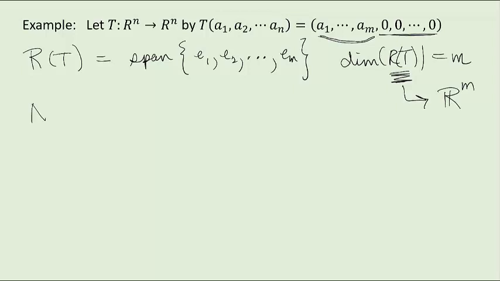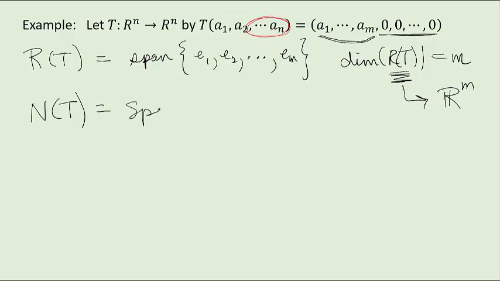Now, what is the null space? Notice it makes no difference what these last n minus m coefficients, or coordinates, are, because it's going to send them all to 0. So that tells us what the null space is.